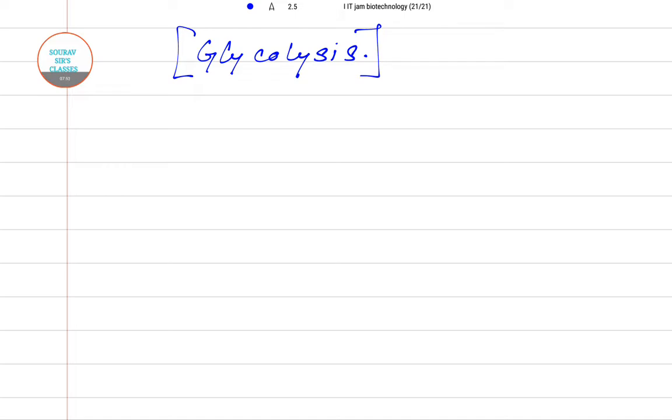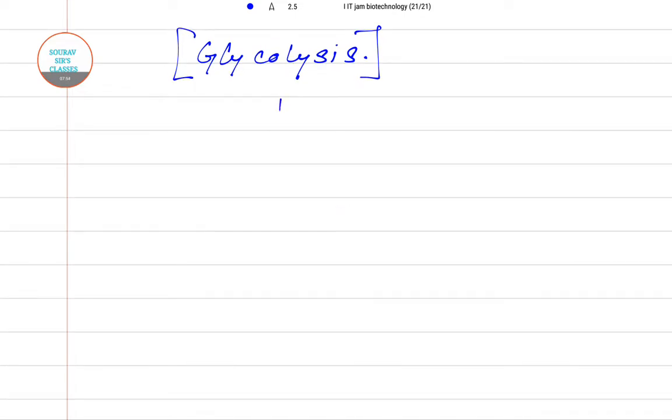Now by the term glycolysis, what you can understand is the lysis of glucose. There is a glyco part and a lysis part. Glyco means sugar, and lysis means breaking.